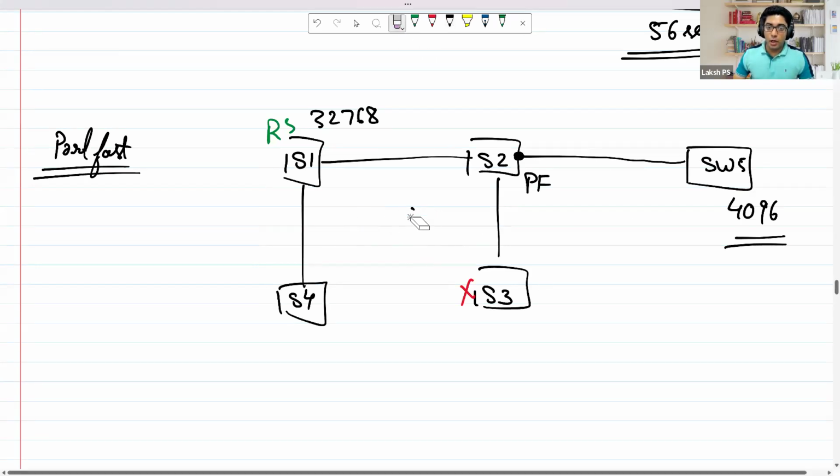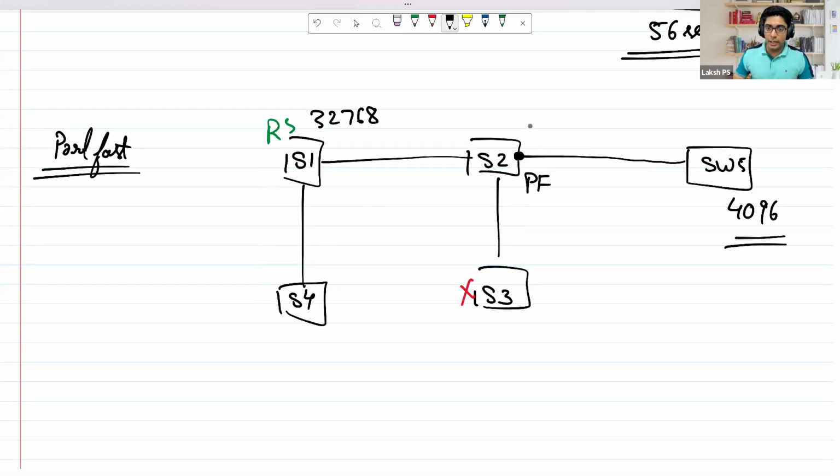What is going to happen? This interface will immediately go into forwarding state. Switch 5 will start accepting BPDUs. The moment it starts accepting BPDUs, it will know switch 1 cannot be the root switch because switch 5's priority is lower. What will happen? Switch 5 will immediately take over the role of root switch. Then what is going to happen?